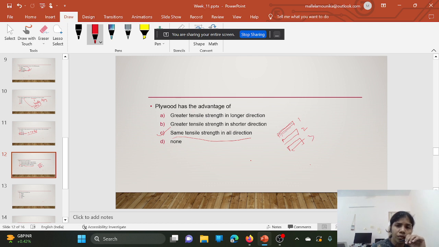Suppose here the grains are distributed like this, here like this, and here in different directions. All of this will be glued together, so these three layers will be combined, so that it has the same tensile strength in all the directions. That is the main advantage of plywood.